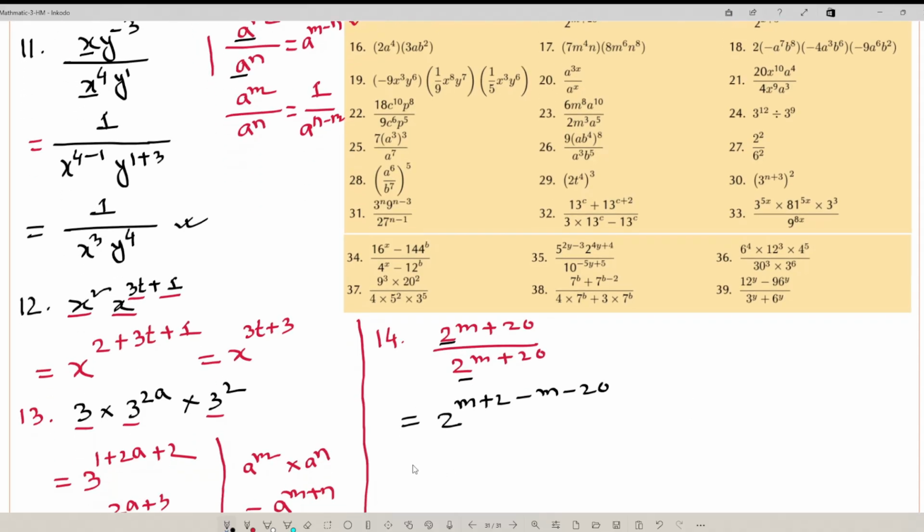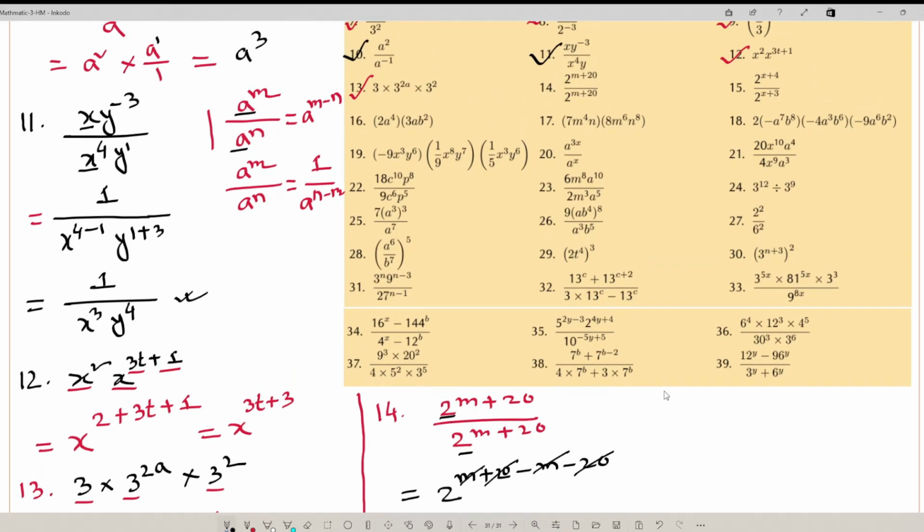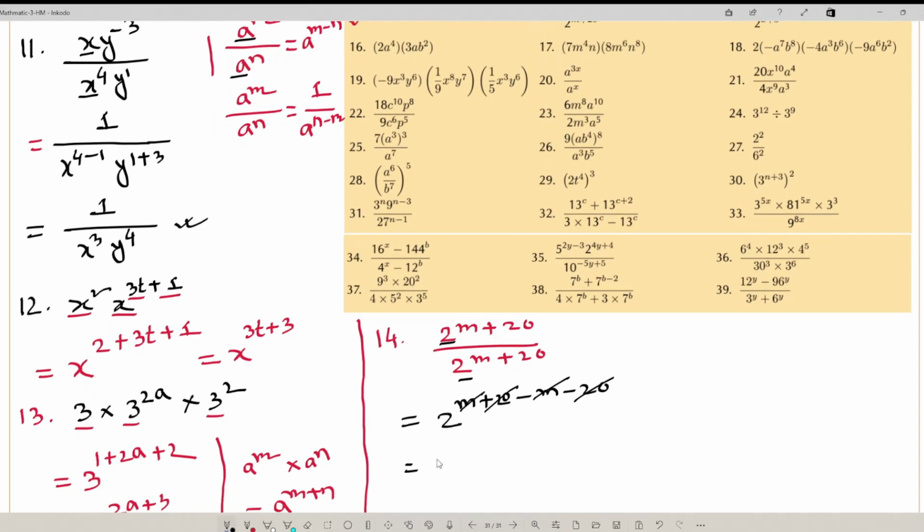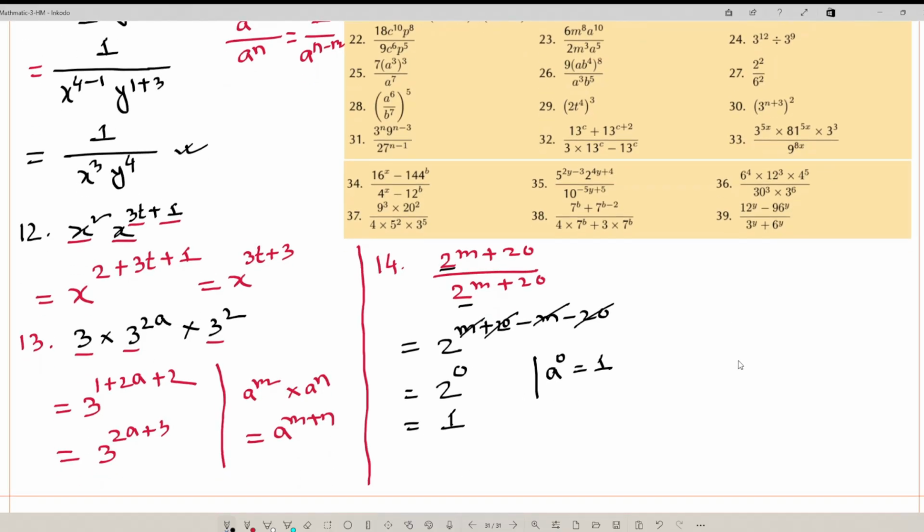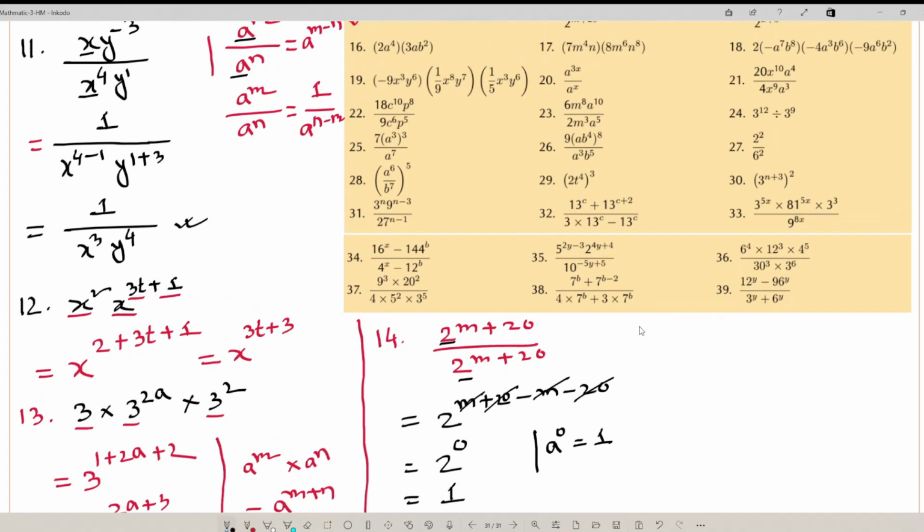Now look, here m minus m cancels out, and plus 20 and minus 20 cancel out. So in this case the power is 0, and we know a to the power 0 equals 1. This is another exponent law. So 2 to the power 0 means 1.